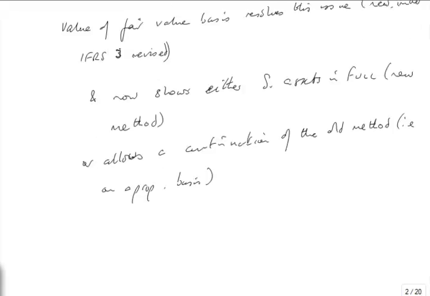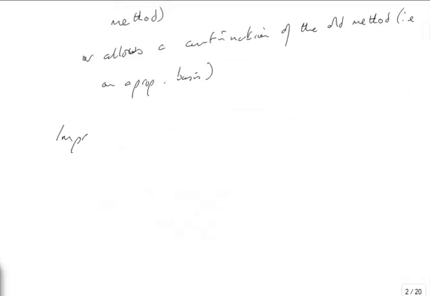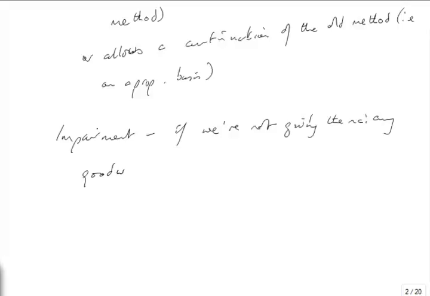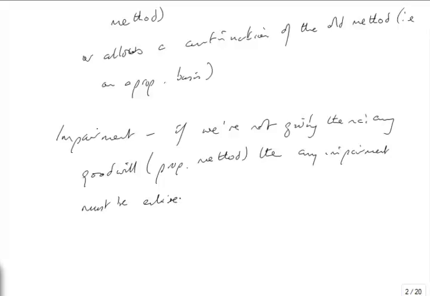That's much too wordy. Impairment: if we're not giving the NCI any goodwill, that's the proportionate method, then any impairment must be entirely attributable to us.